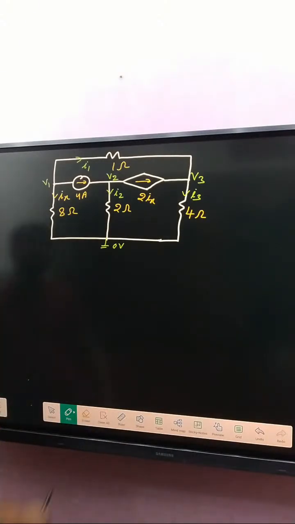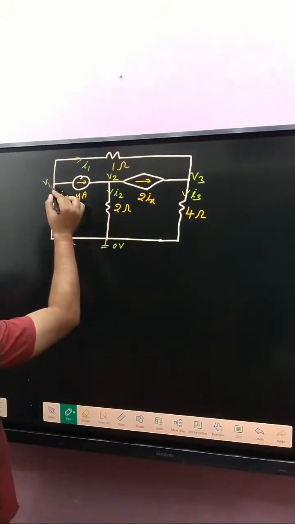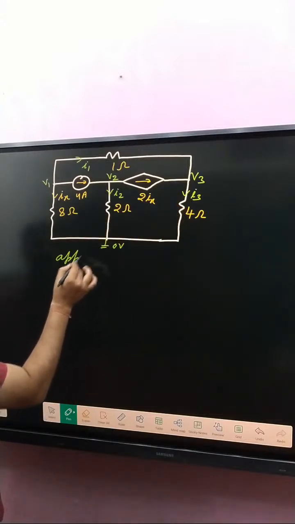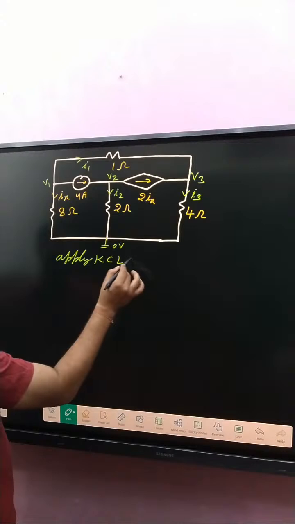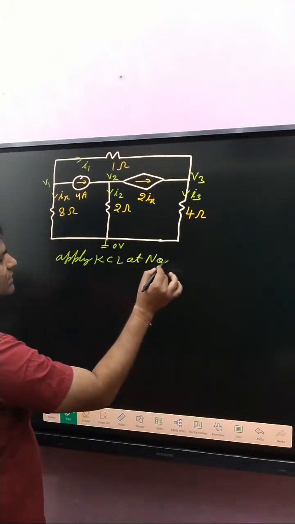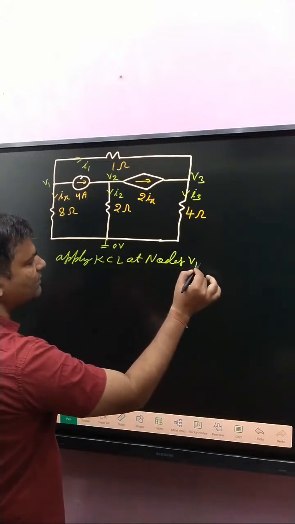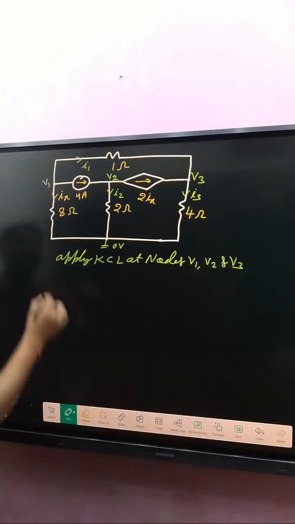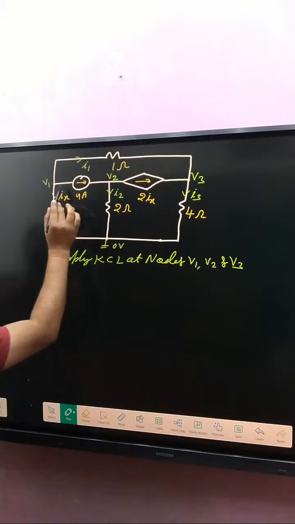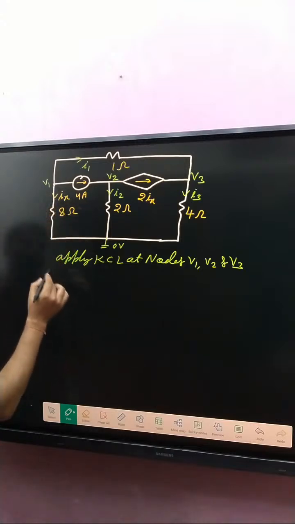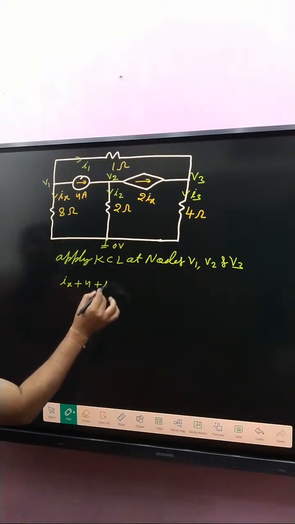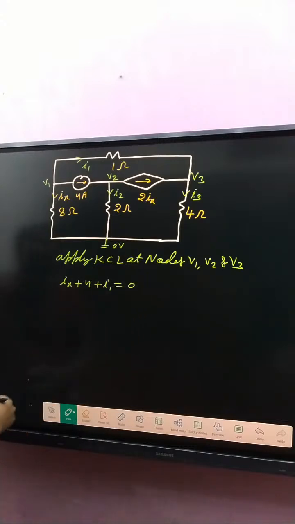How many nodes? As required, apply KCL here, here, here. So right now apply KCL at nodes V1, V2, and V3. Here no incoming current, only outgoing current: Ix plus 4 plus I1 is equal to 0.